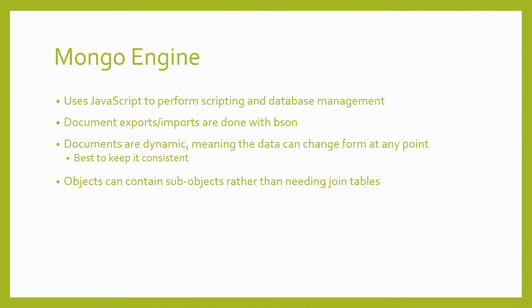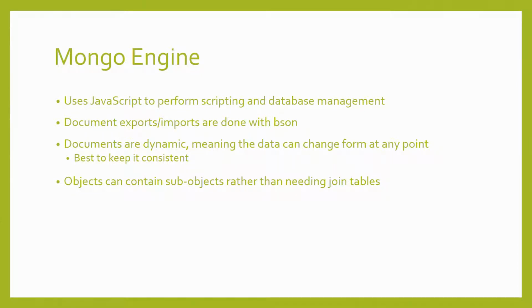Otherwise, it's the same format. And then documents, as I mentioned, are dynamic, which means at any point in time, if I want to put one type of record into a collection and then some completely different unrelated record into the same collection, I can technically do that. So it's best to keep things consistent, but you can. And then, as I mentioned, objects can contain sub-objects.